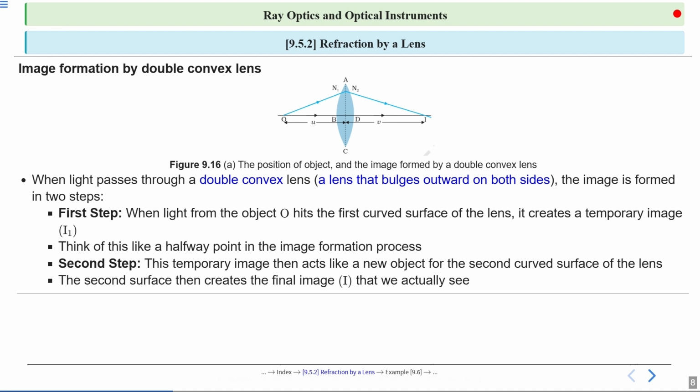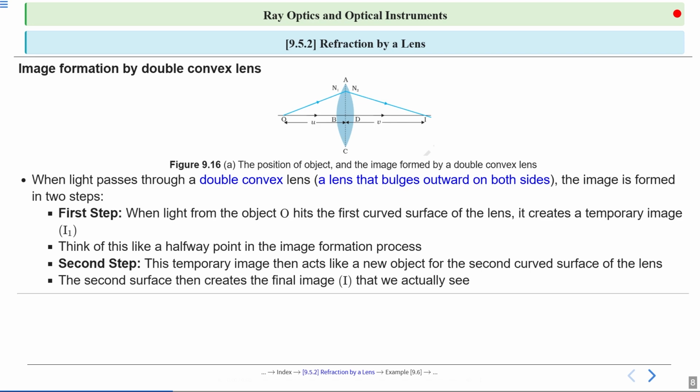Then the second surface ADC, we can assume that surface. On the left side of this surface we can assume one medium, and on the right side of ADC another medium. So light is coming from the medium which is the same as that of the lens. Light is coming from inside the lens and falling on the second surface ADC.